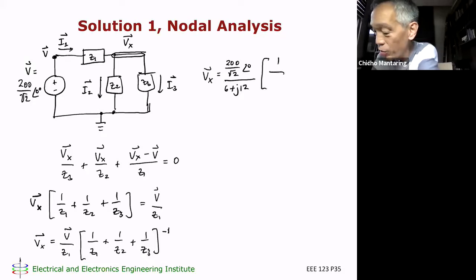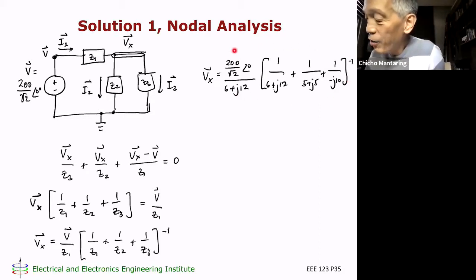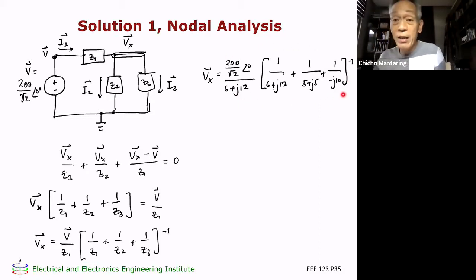Okay, this is 1 over 6 plus J12 plus 1 over Z2, which is 5 plus J5, plus 1 over minus J10, raised to the minus 1. Okay. Ito yung sinasabi ko. Sa calculator, hindi ko alam sa software na ginagamit ni Ivan, pwede mong pindutin lang yan, lalabas na yung sagot.